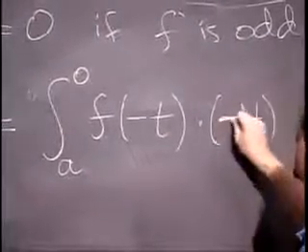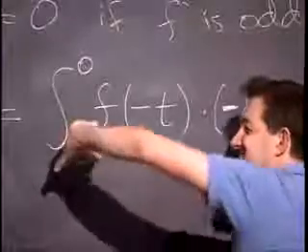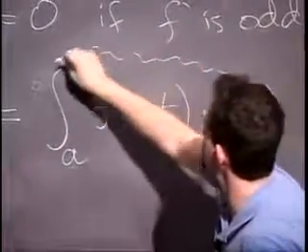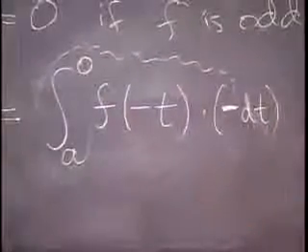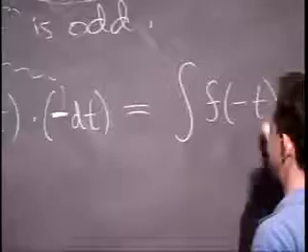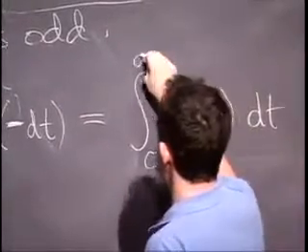So I've got a minus here. Of course, a minus allows us to switch the bounds on the integral. So I take this minus and magically flip them around. And I get the integral of f of minus t dt from 0 to a.